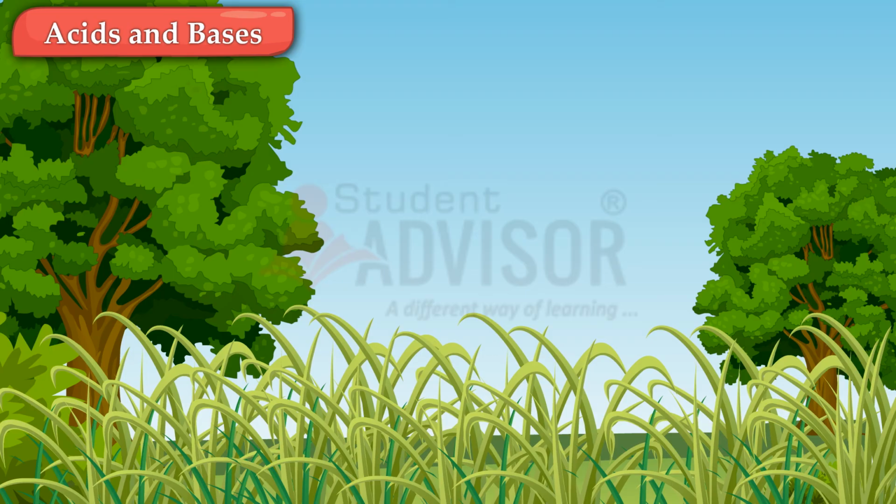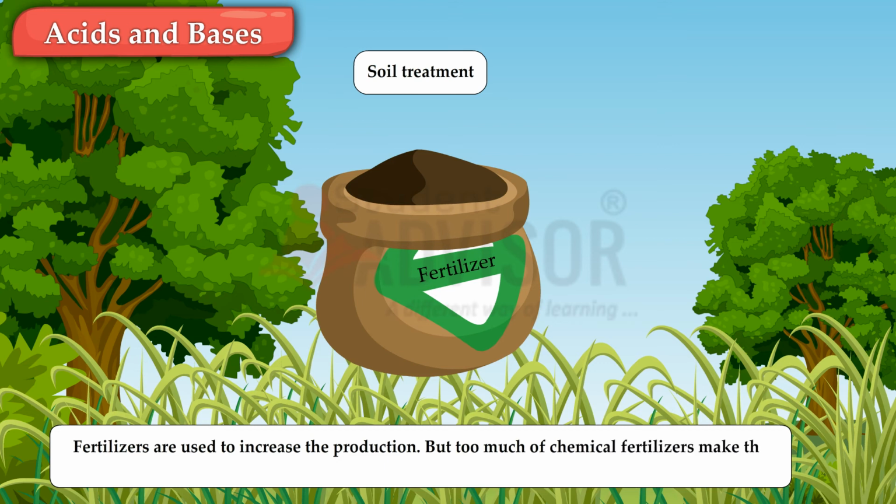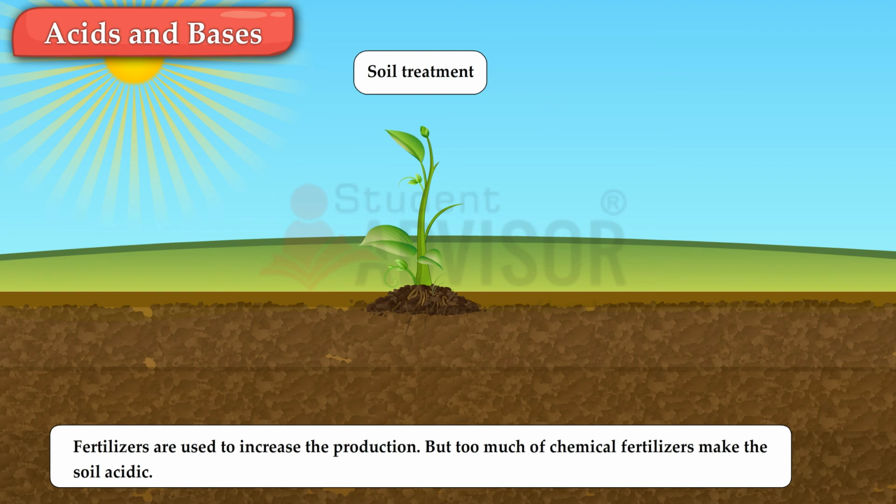Neutralization in everyday life. Soil treatment. Fertilizers are used to increase the production, but too much of chemical fertilizers make the soil acidic. If the soil is too acidic or too basic, plants do not grow.